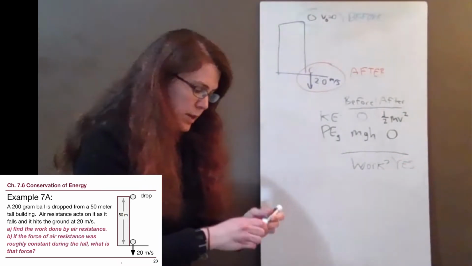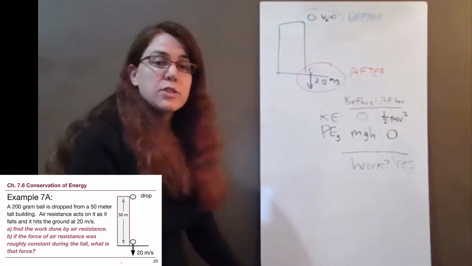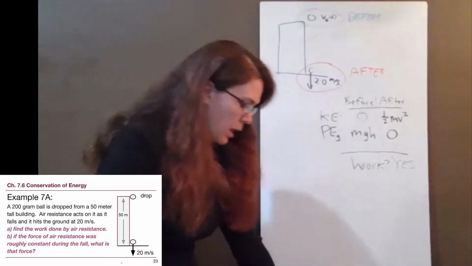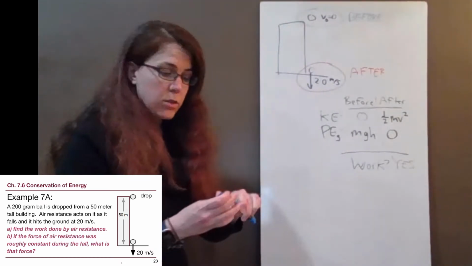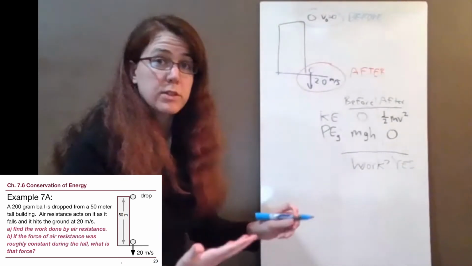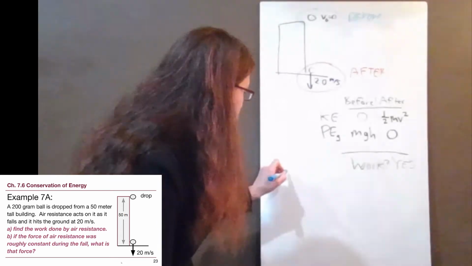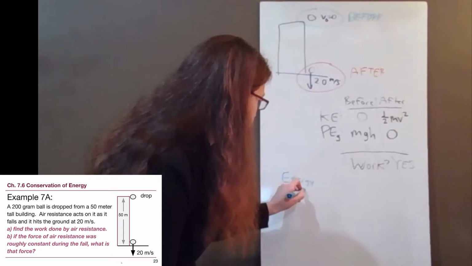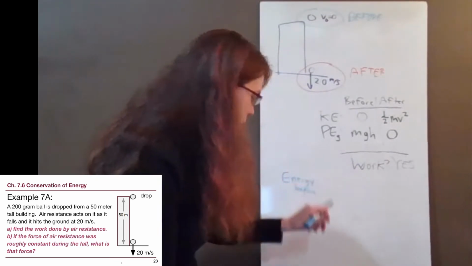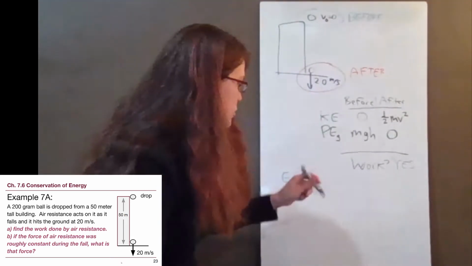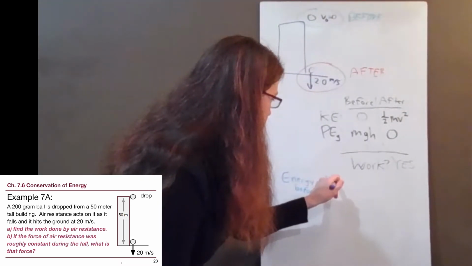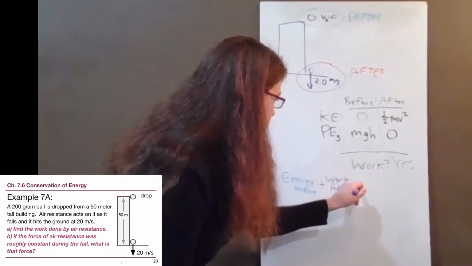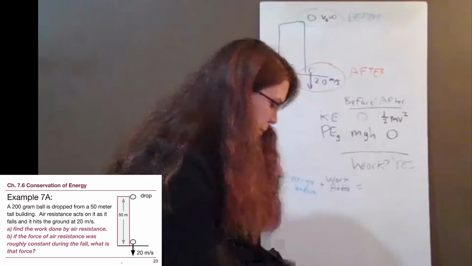Now the key thing here is that the reason we ask ourselves all of these questions is so that we know right away how to set up the problem, because in general, every single time, our Chapter 7 problem starts the same way once we get to the equation. It will start with energy before plus work added equals energy after.